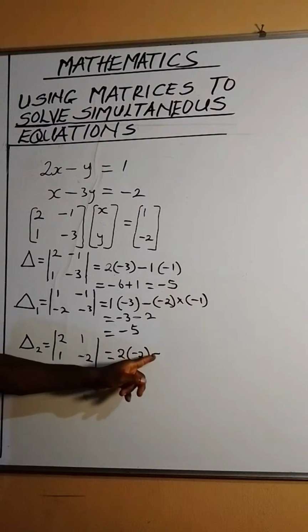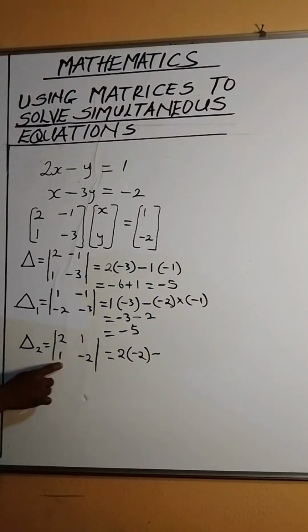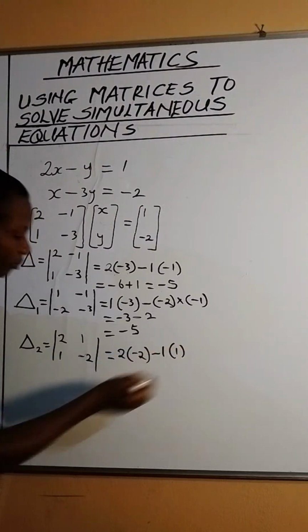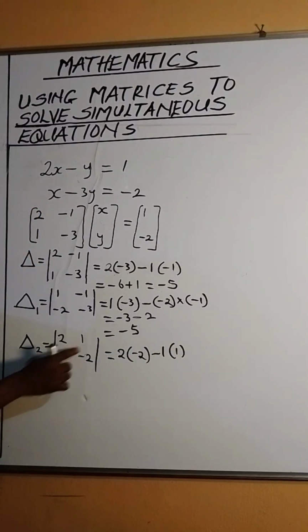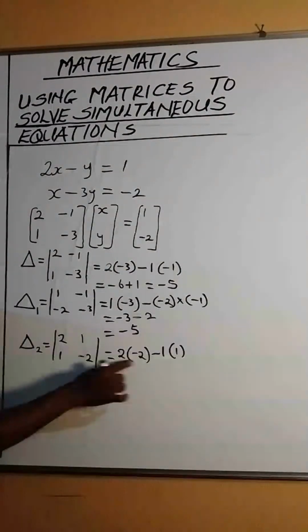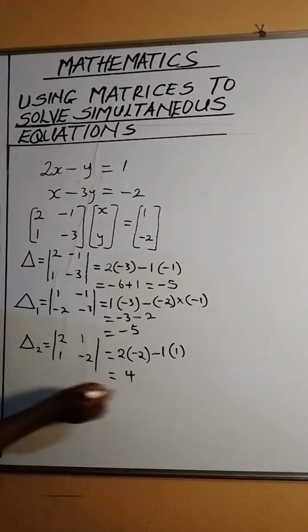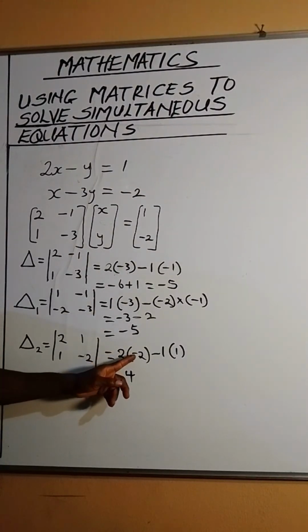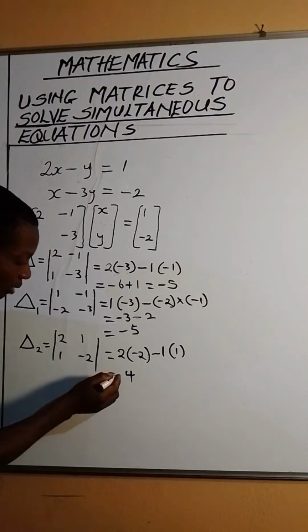Then 1 times 1 is the next phase here. That is 1 times this 1. Then if we go ahead, 2 times 2 is 4. Then there is a minus here. Please don't forget that. We are going to put a minus here.